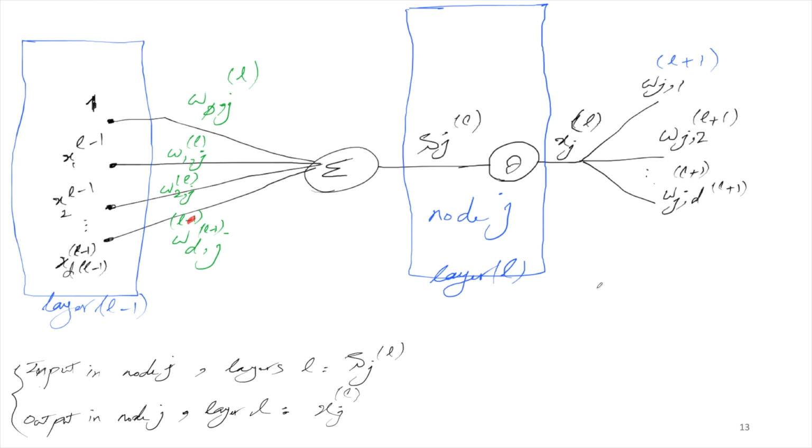All right, so let's see how we're going to define it in a vector space. What's going to be the vector notation of these?